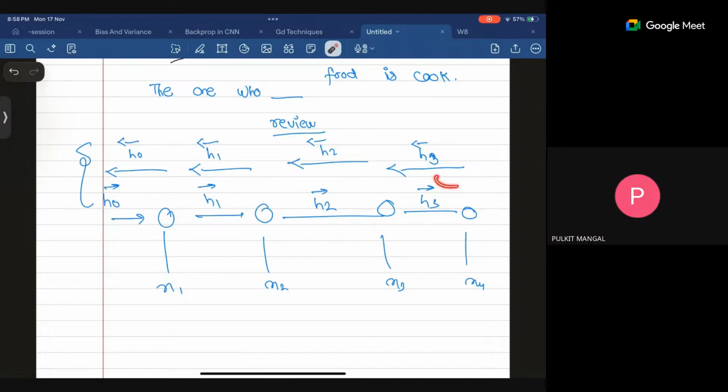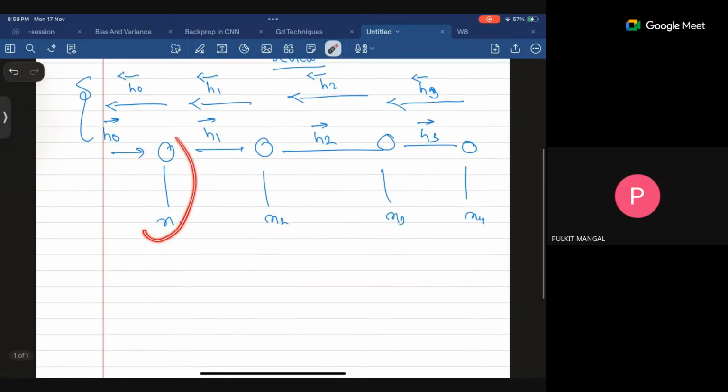Here we are going to start with H3 for that purpose. H3 should be coming from how this happens. I don't understand that. Because X1, H0 you give H1, right? This H3 reverse, how will it come?